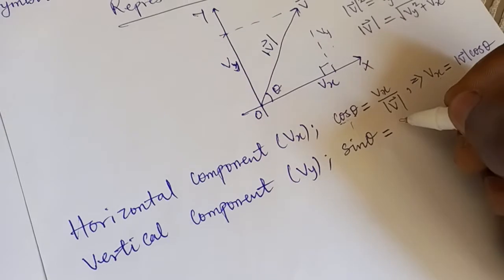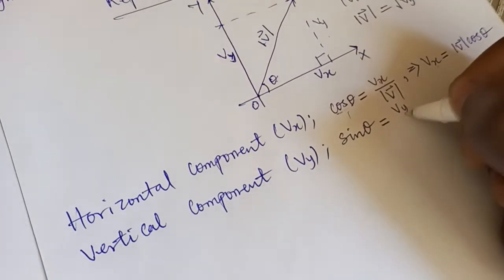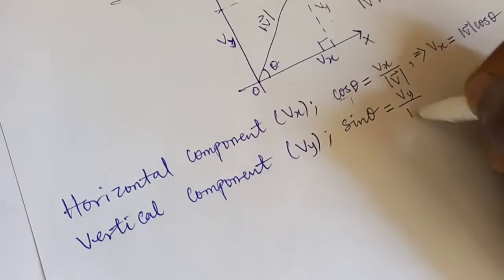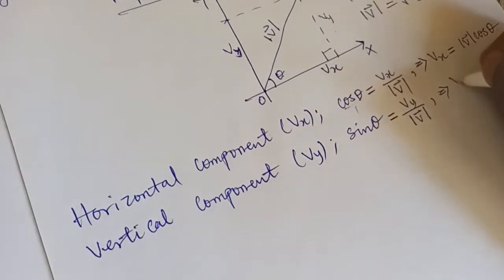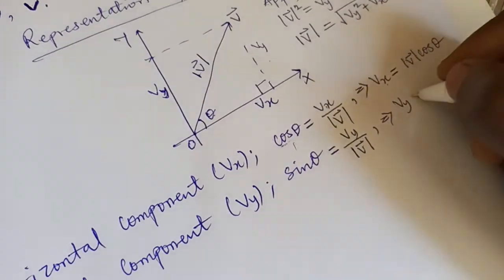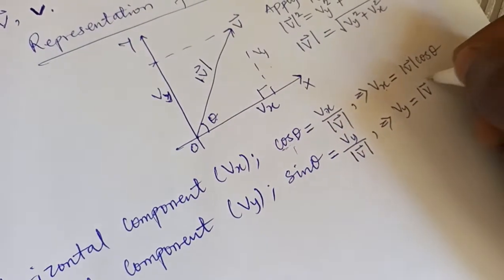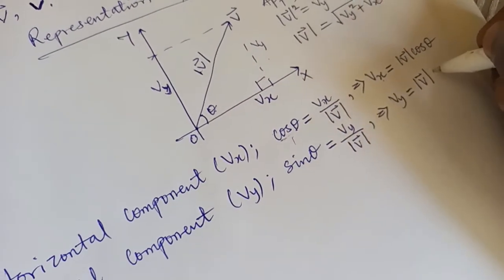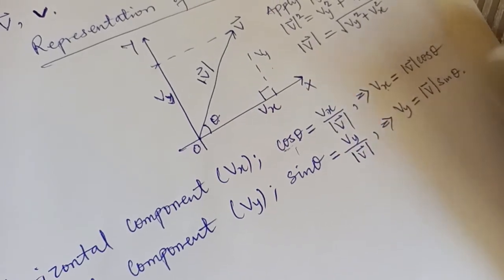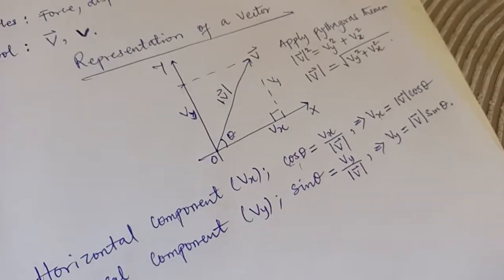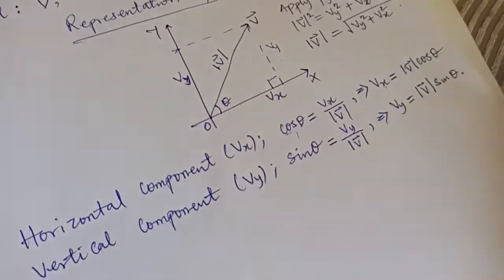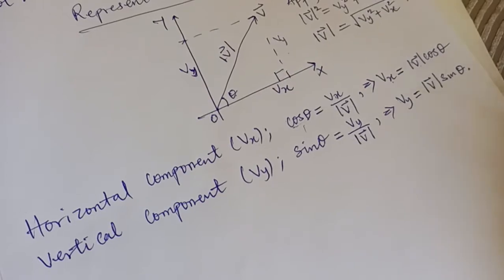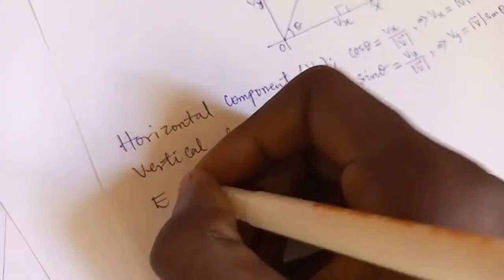So sine theta is equal to opposite, which is vy, over the hypotenuse, which is the magnitude of vector v. This implies that vy is equal to the magnitude of vector v times sine theta. These are the two formulas that we will use to calculate the vertical and the horizontal components of any given vector. Let's take an example to illustrate this.